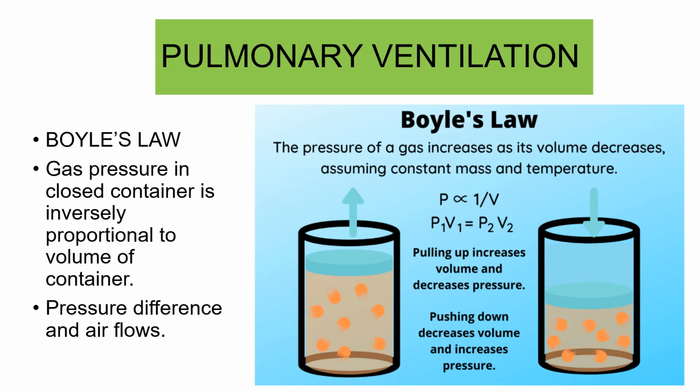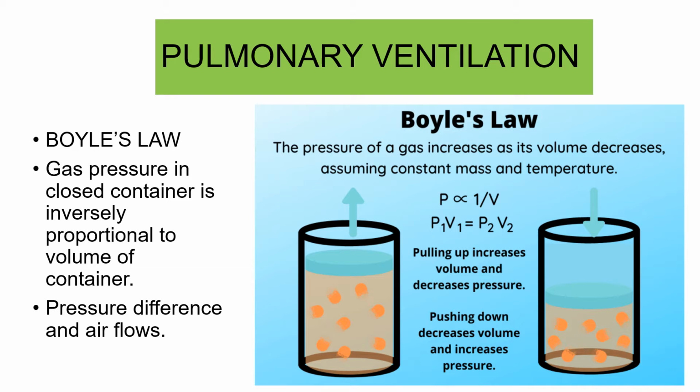Now, ventilation of our lungs is dependent upon Boyle's law. What is this Boyle's law? Boyle's law states that gas pressure in a closed container is inversely proportional to the volume of the container. The pressure of the gas increases as its volume decreases, assuming constant mass and temperature.